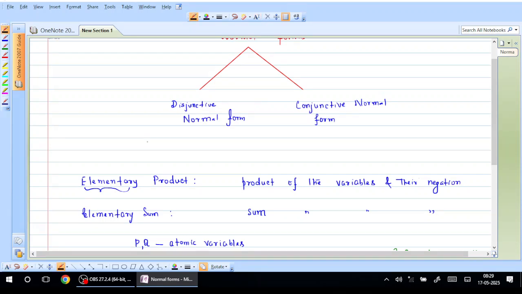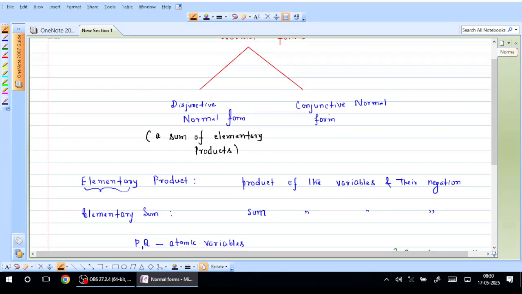When I go for disjunctive normal form, I am talking about a logical expression which is a sum of elementary products.